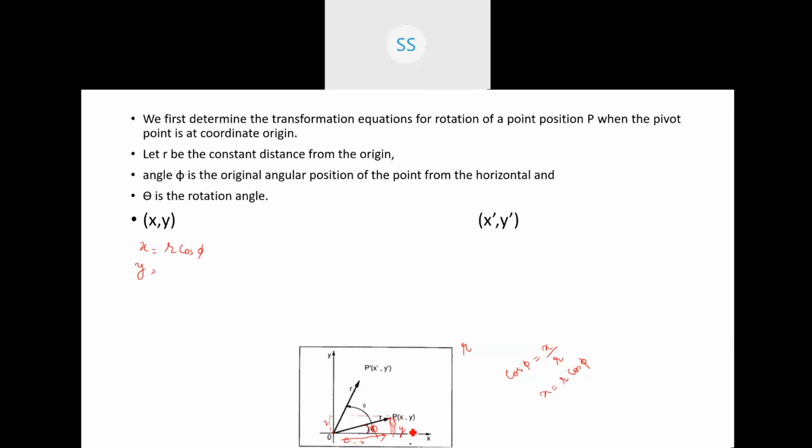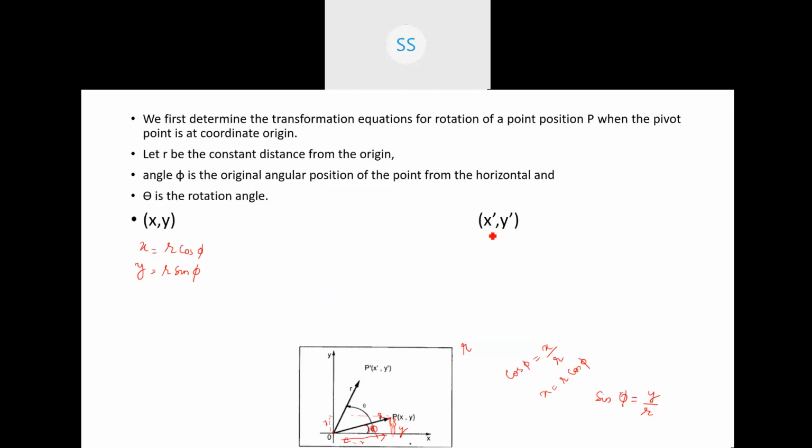If I have to write it in terms of r and y, instead of cos I'll have to use sine. So sine phi is equal to the opposite, that is y by r, or you can say y is equal to r sine phi.